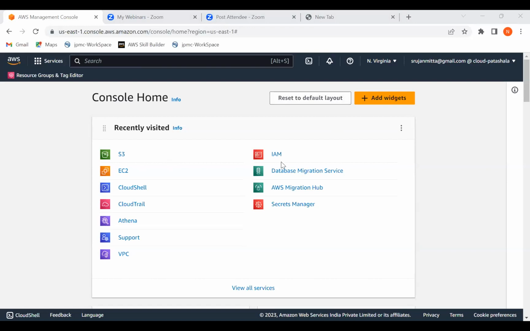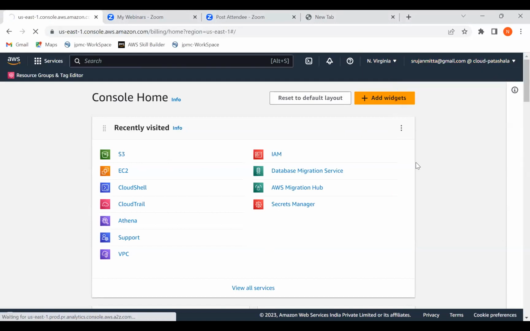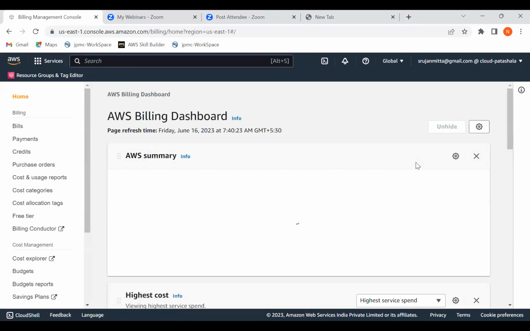Okay. Coming to this, whenever you log in to the portal, you will be able to see your email ID. There you will see the account details also, and you can see the billing dashboard. If you go to the billing dashboard, you will understand how the billings are raised for us.